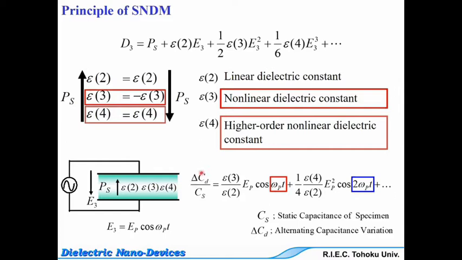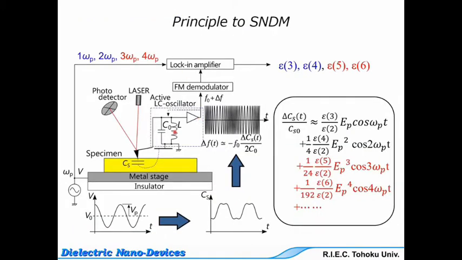The alternating capacitance variation related to epsilon3, which contains the information of the spontaneous polarization, is directly proportional to the applied field, varying with the same angular frequency omega p. And the higher order response is proportional to the square of the applied field, varying with double the frequency of omega p. So by using this frequency difference and a lock-in technique, we can simultaneously and individually detect epsilon3 and epsilon4. And this view shows a schematic diagram of SNDM.